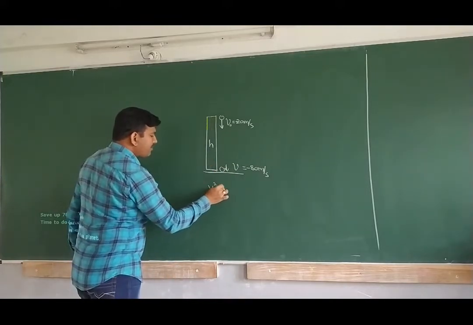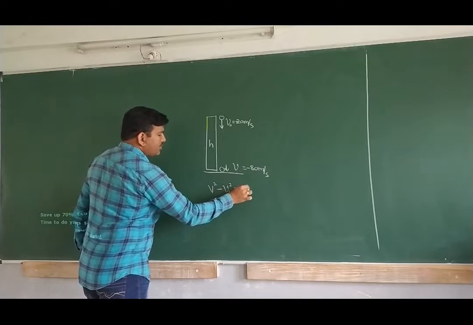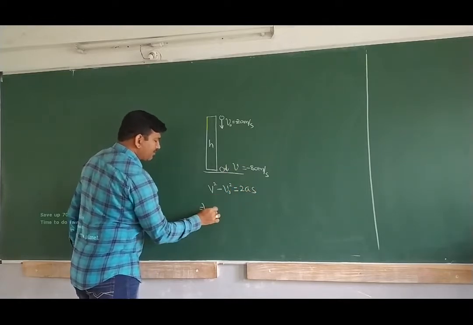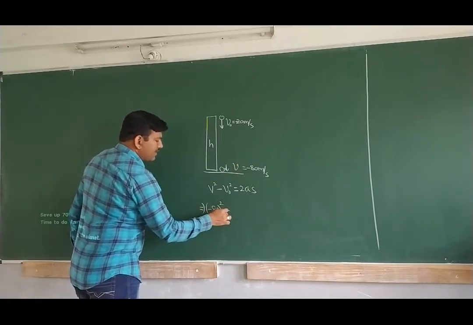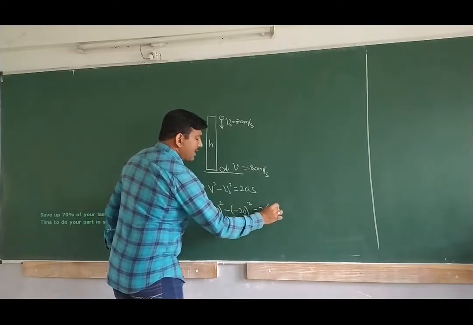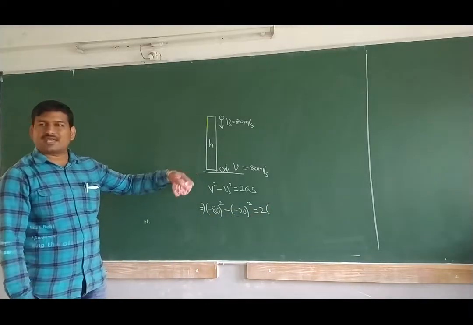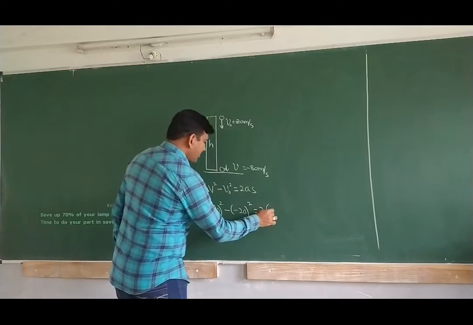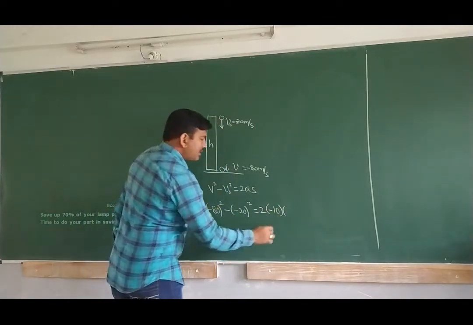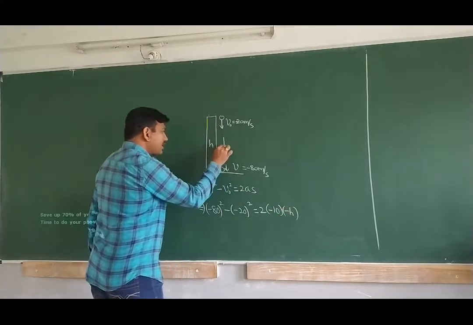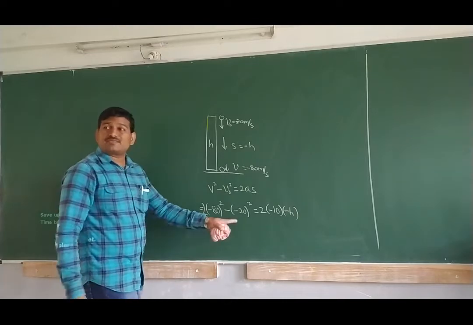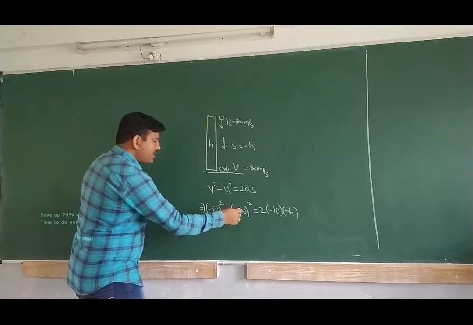I know that v square minus v naught square is equal to 2 a s. Here v square means minus 80 square, minus of minus 20 square, is equal to 2 into a, where a is minus g. Here g is taken as 10, so minus 10. S is the displacement from here to here, minus h. So downward direction, S is equal to minus h. This is a square minus b square, so a plus b into a minus b.